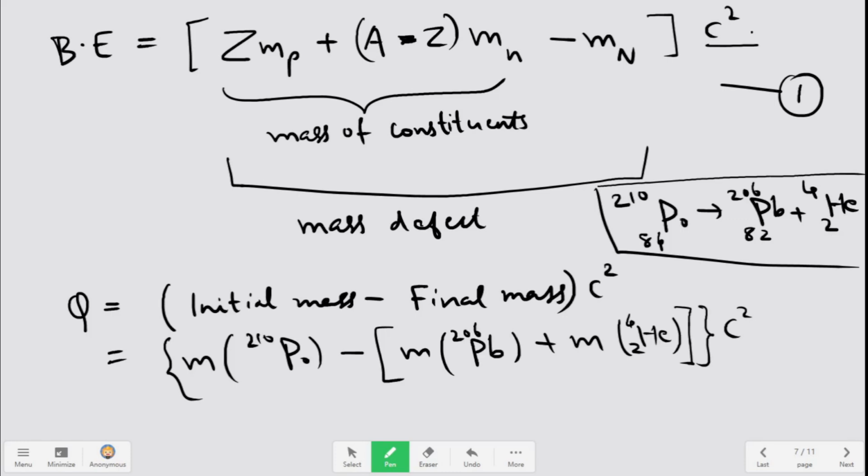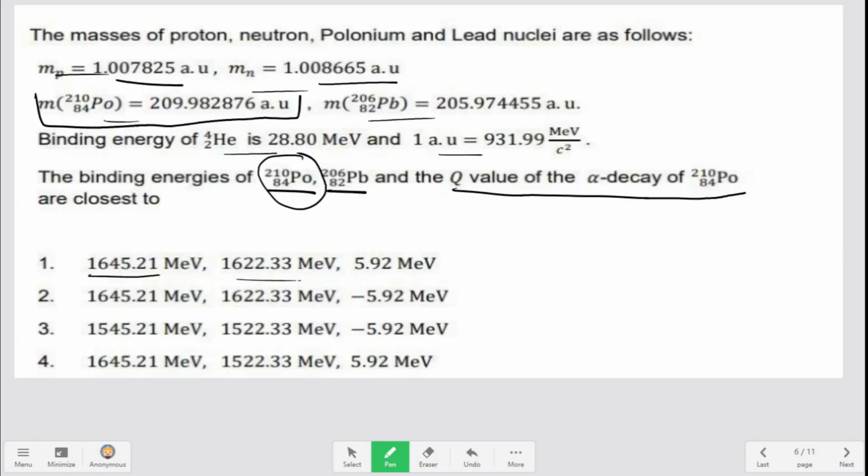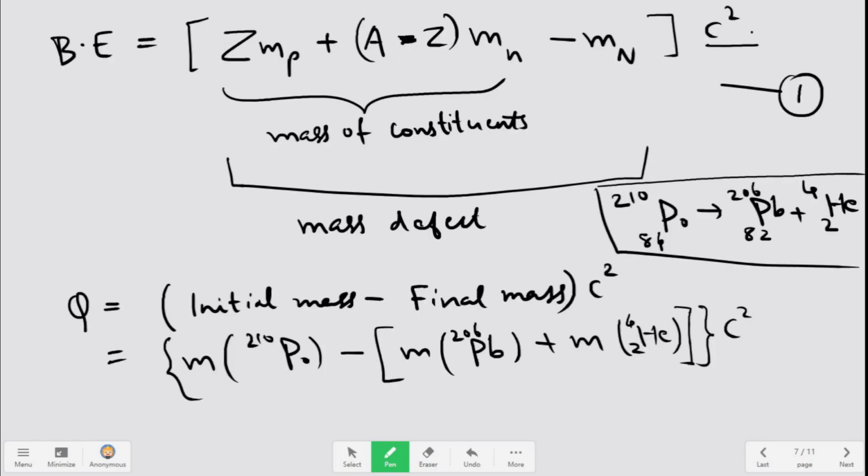Now mass of helium is not given in the question, but binding energy of helium is given to be 28.80 MeV. But we can get the mass of helium. We can use the same formula for binding energy. You can rearrange and get the mass of nucleus.